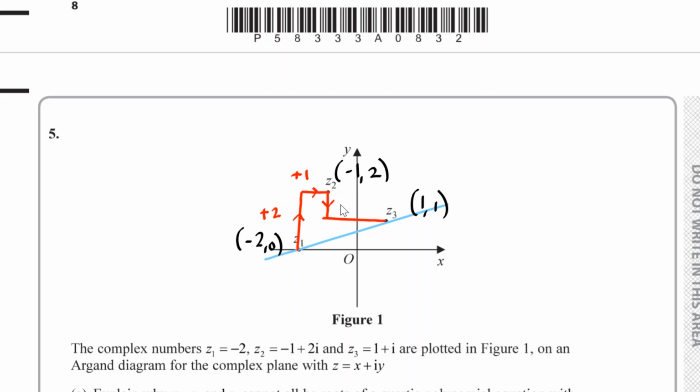So we go 1 down, and then we go 2 this way, and hopefully you can see that we have a right angle here, and therefore because of that the perpendicular bisector passes through z2. Okay, hopefully that makes sense, and it makes sense just based on the relationship between z1, z2 and z3.